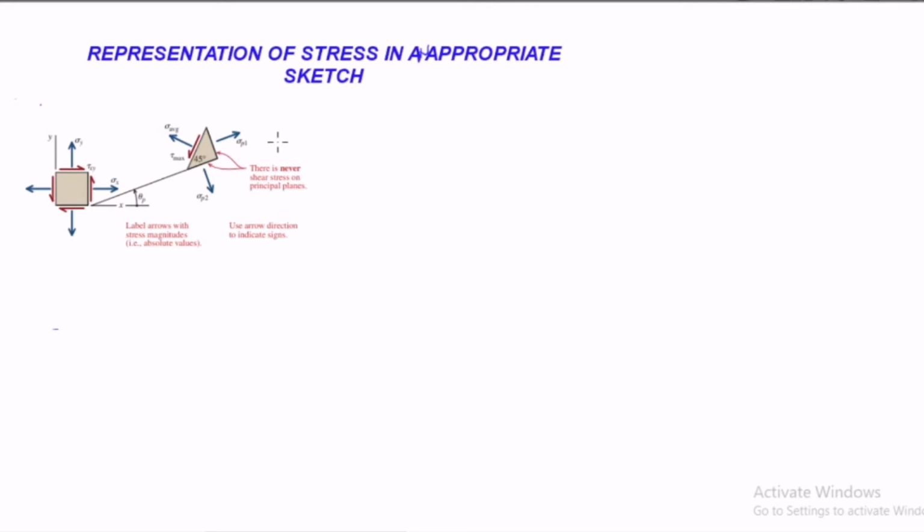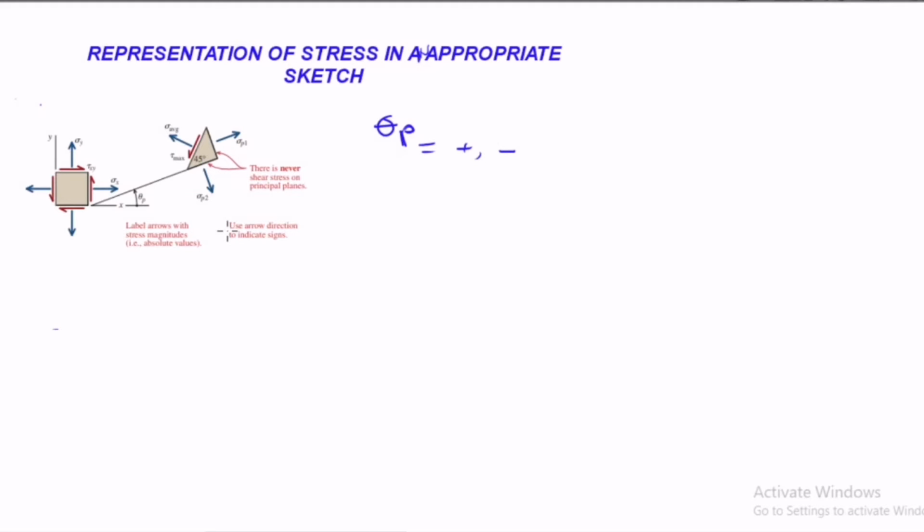So let's look at the presentation of stresses in an appropriate sketch. The key thing for us to draw this sketch is the principal angle, which is in this case this one. It's very important when solving this, so you must be very careful. If you get this to be positive, it gives you a different sketch, and if it's negative, it gives you a different sketch.